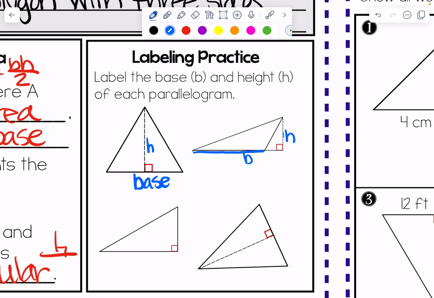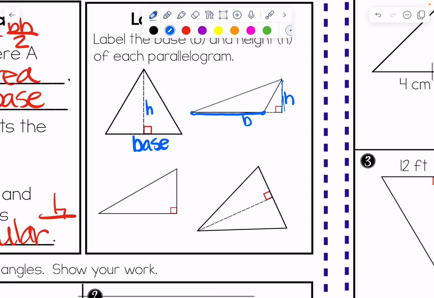Your base is still going to be this measurement, and then your height is going to be this measurement that's forming the right angle there. Here we would have our base and our height, and then over here, base, and then the height. So the base does not always need to be the bottom, all right? But you are looking for the 2 measurements that form the right angle.